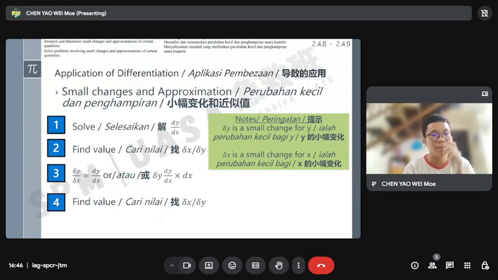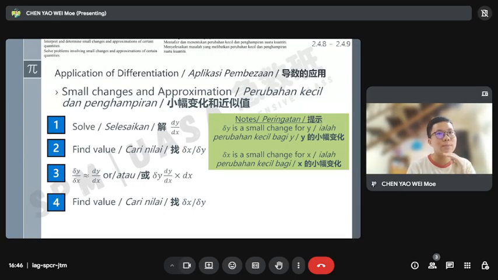Small changes means the things that suddenly change by a small amount. You don't see anything change or not, but it changes, silently. They didn't tell you, oh, I already changed. They change silently. So delta y here is actually a small change for y.